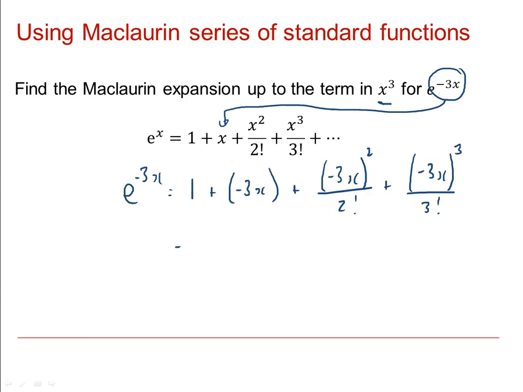Having done that, it's just a matter of simplifying this expression, so it becomes 1 minus 3x, and minus 3x all squared is 9x squared, so plus 9x squared over 2. And then minus 3x cubed is going to be minus 27x cubed, but we're dividing by 3 factorial, so one of the 3s cancels, and so we get minus 9x cubed over 2.